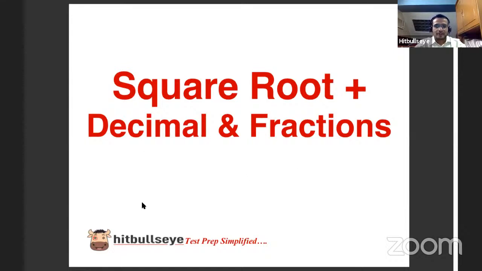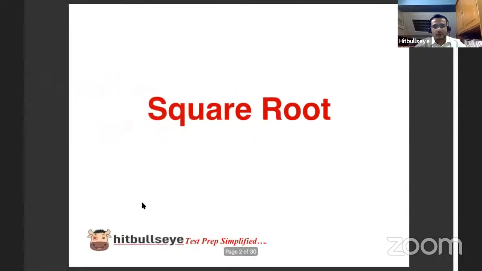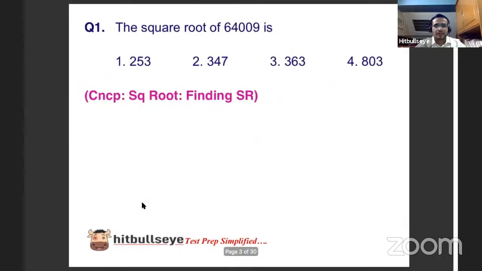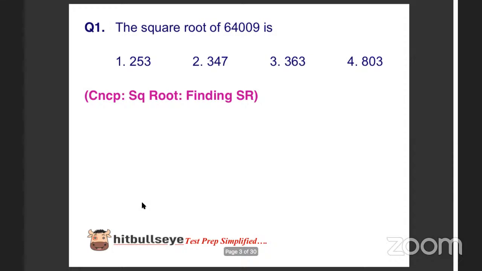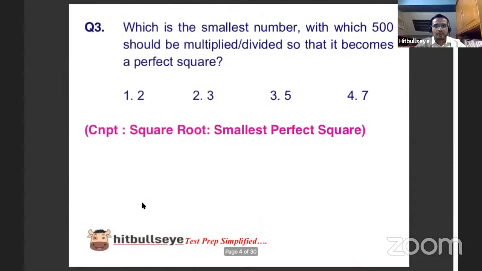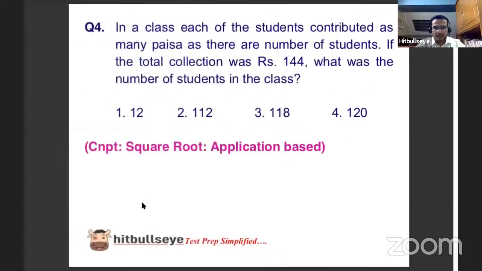All right, so what did we learn today? We learned what the square root is and the method of calculating it. For any given number, just create the pairs and find the square root. Then we found how to calculate the prime factorization and what to multiply or divide to make it a perfect square.